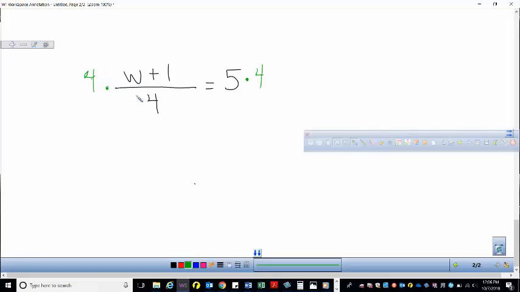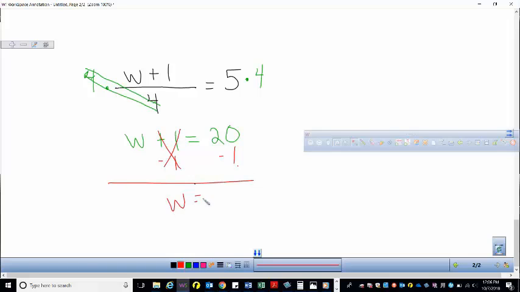And if you have 4 and 4, so 1 in the numerator, 1 in the denominator, they cancel. And you have w plus 1 equals 5 times 4 is 20. And now you have to do the opposite of plus 1, which is minus 1. So 1 minus 1 cancels, and 20 minus 1 is 19.